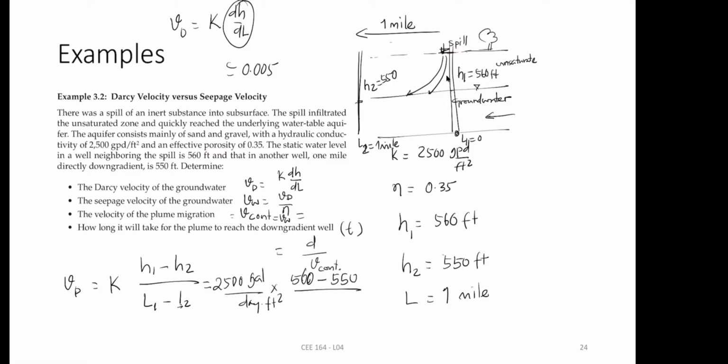Another way to write this is the magnitude of dh over dl. That means this is always positive if you write it that way. Now I did it the same way and got a wrong number, meaning there was a negative term, which doesn't make sense. So let's say L1 equals 0 minus L2, which is 1 mile.